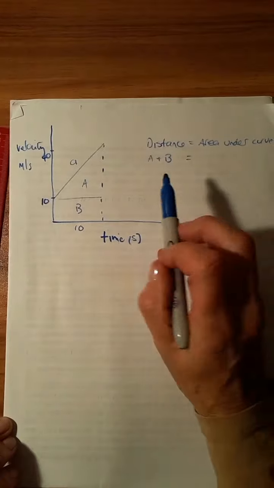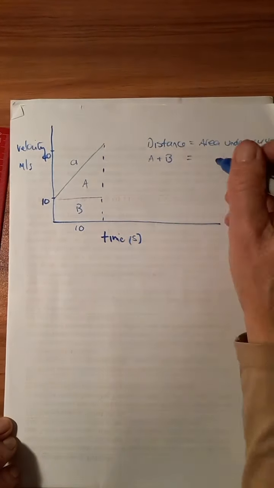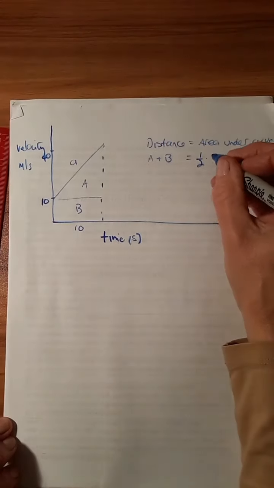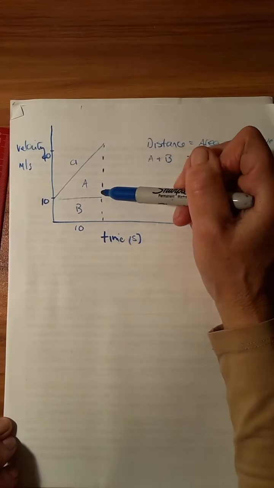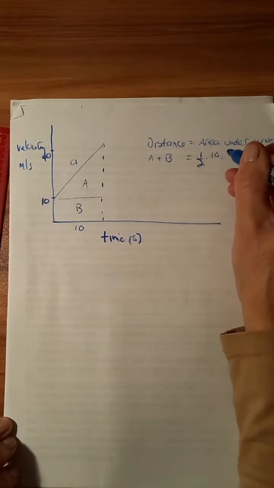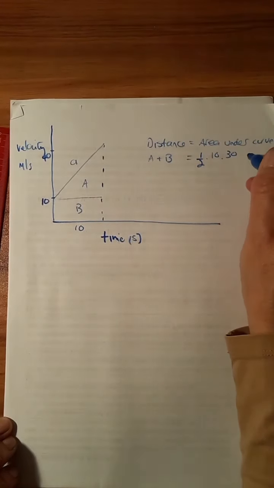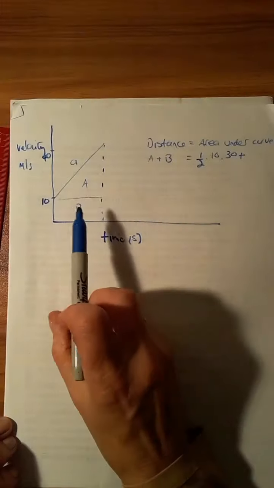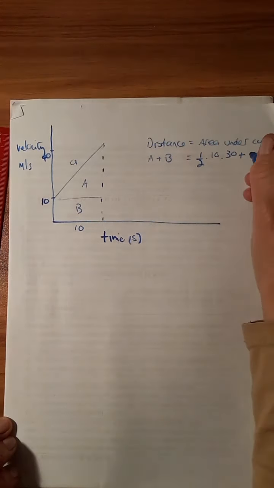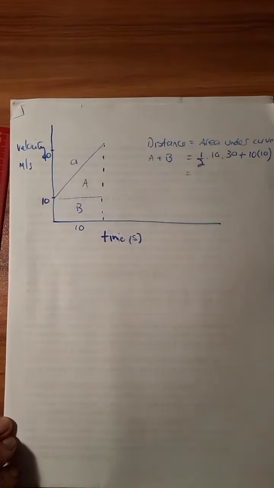So A is the area of a triangle. So that's half the base. The base is 10 by the perpendicular height. The height of that triangle goes from 10 to 40. So its height is 30. And I'm going to add on B. B is a rectangle. So the length and the width of that is 10 by 10. And that will give me the area under that curve.